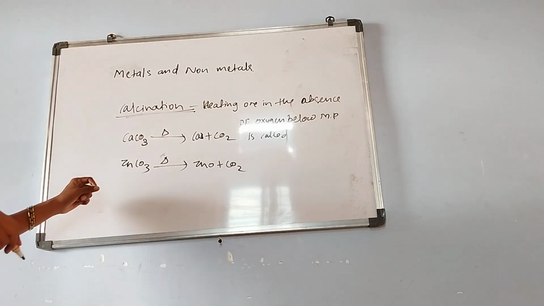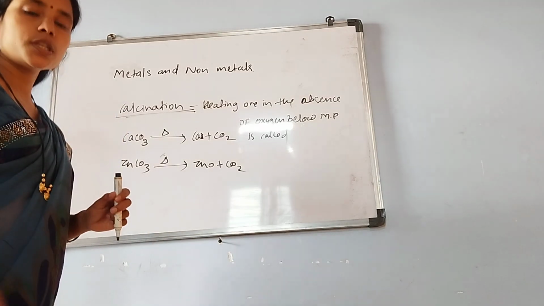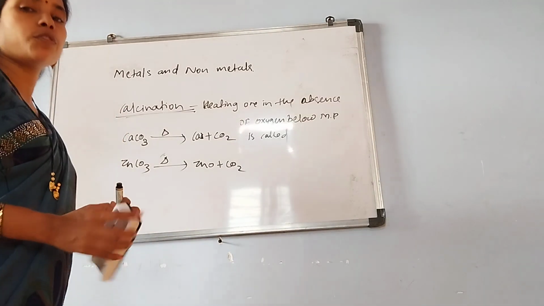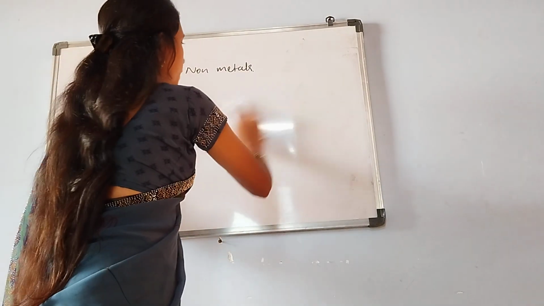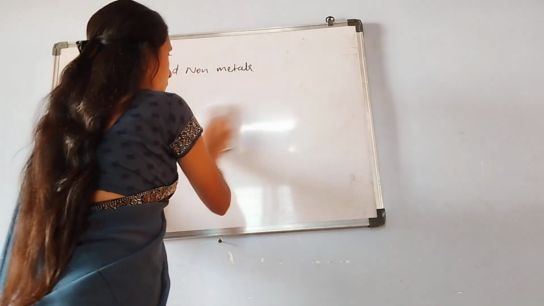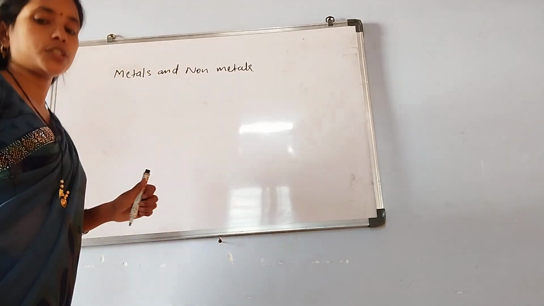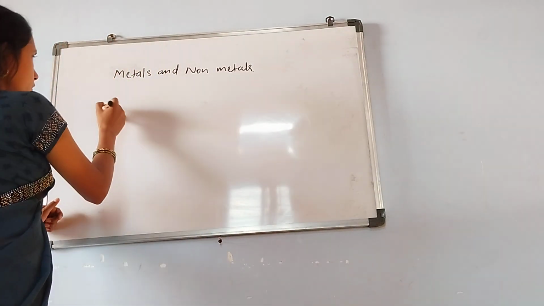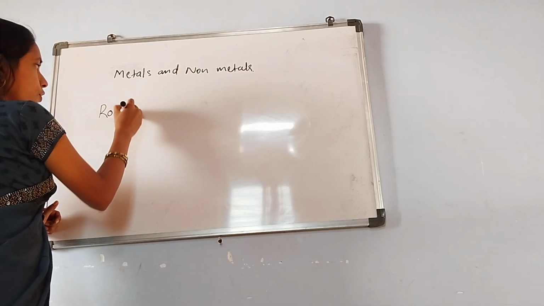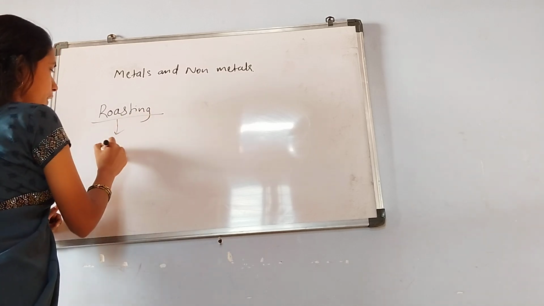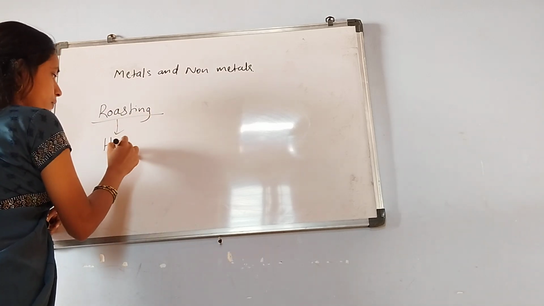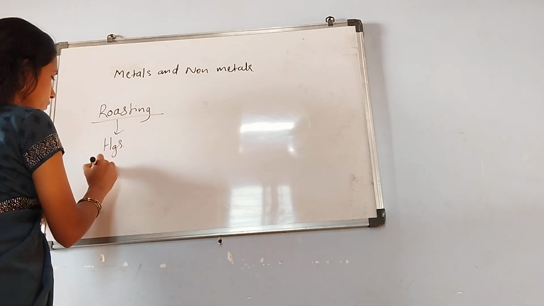Okay, next we are discussing roasting. This method is applicable only for sulfide ores. In case of roasting, we do the reaction in the presence of oxygen. For example, we can take HgS, that is called cinnabar.